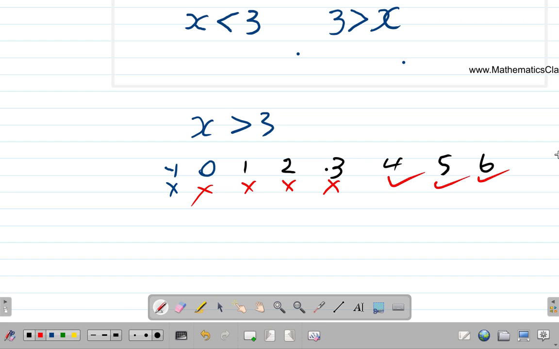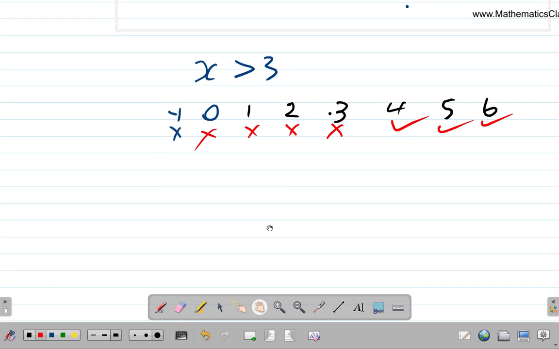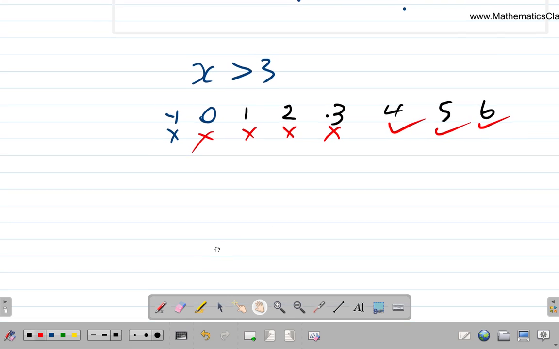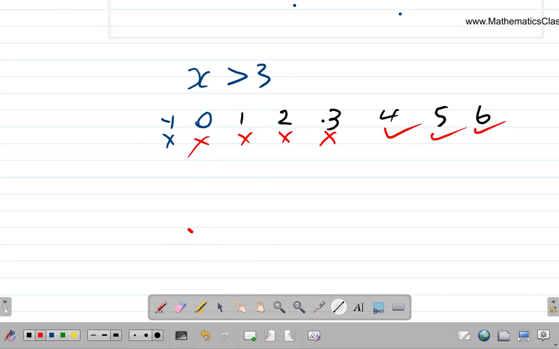Now you can actually represent that on a graph. Or you can use a line with the numbers and arrows on it. Suppose you have this line. I want a black line.